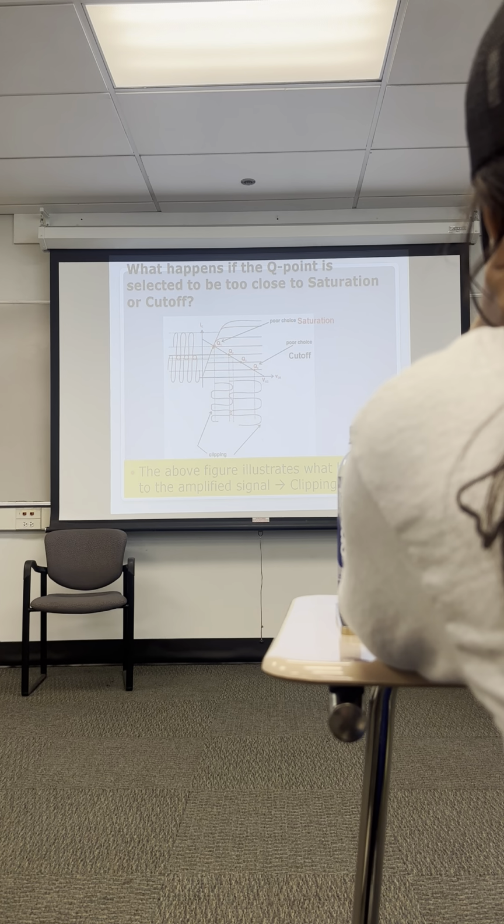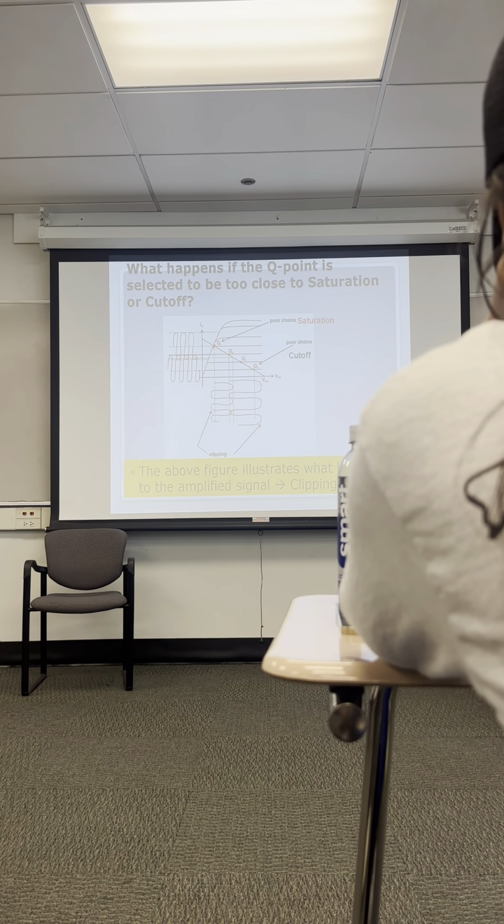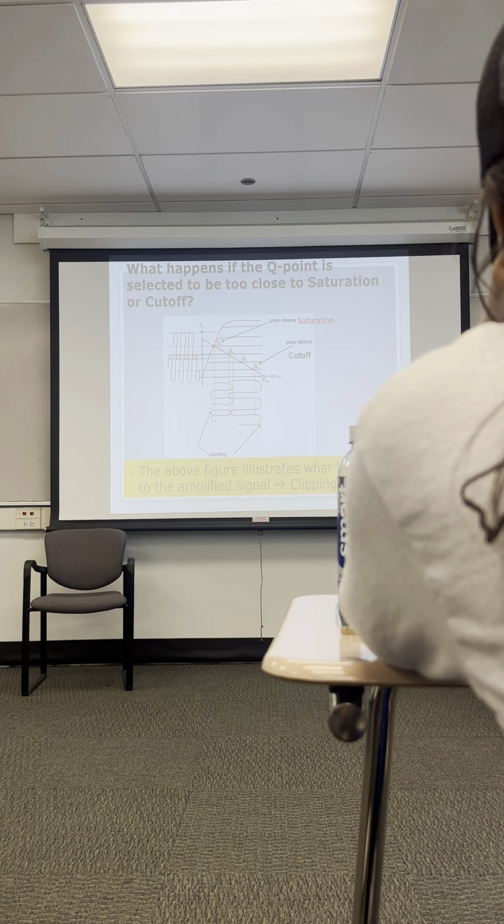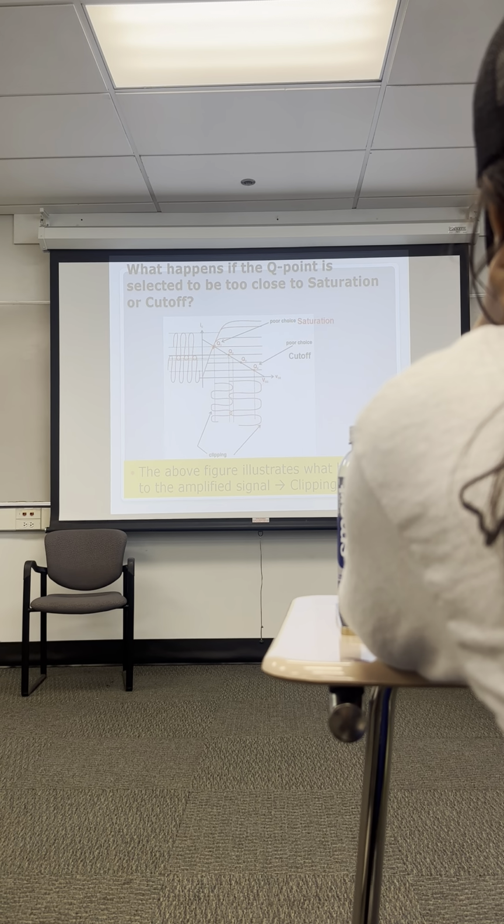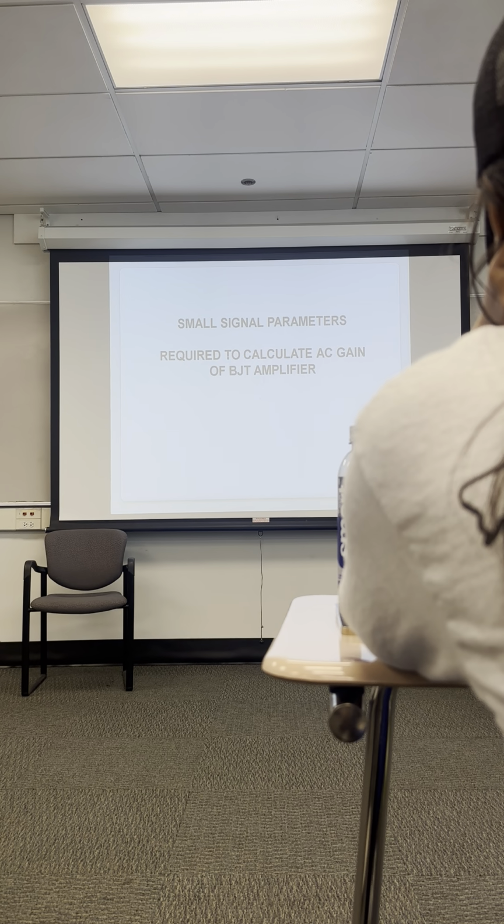Another engineer decided to put the Q point here, another poor choice that's too close to cutoff. And a couple of engineers put the Q point in the normal active mode region. Again, it's your decision as an engineer where you want to put the Q point in a circuit.